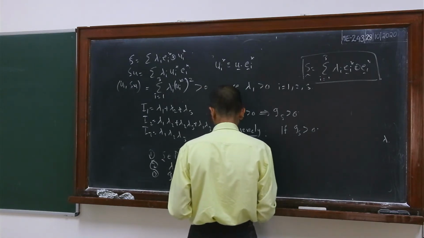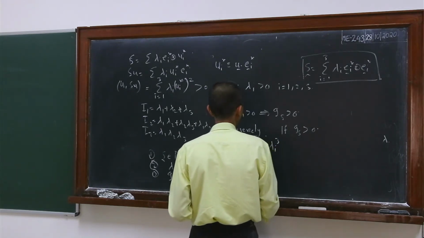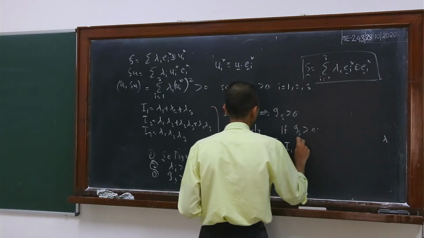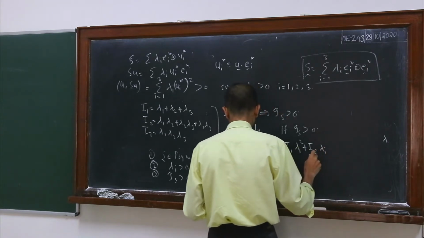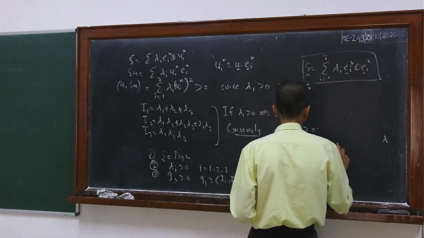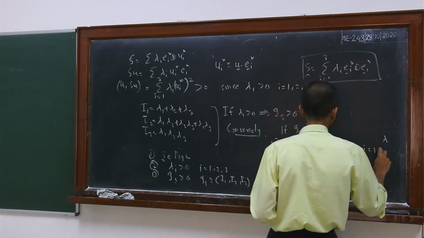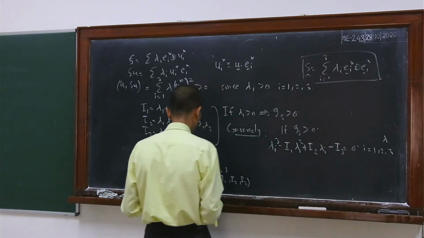Each eigenvalue has to satisfy the characteristic equation, lambda_i cubed minus I1 lambda_i squared plus I2 lambda_i minus I3 is equal to 0. This is for i equal to 1, 2 and 3. So each eigenvalue has to satisfy this characteristic equation.